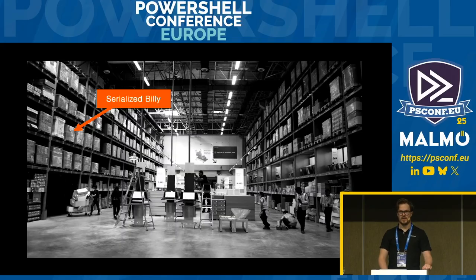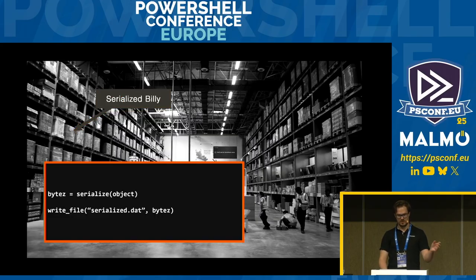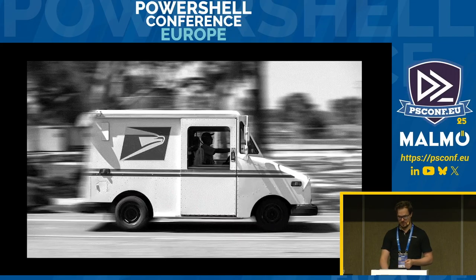Here we have a serialized Billy. He is much easier to transport than the object that is stored in memory, right? In programming terms, that is something like you call some kind of serialize function that is going to spit out bytes or XML or JSON or some kind of data format that is easy to send over the network, and also easy to, in this case, transport by car.